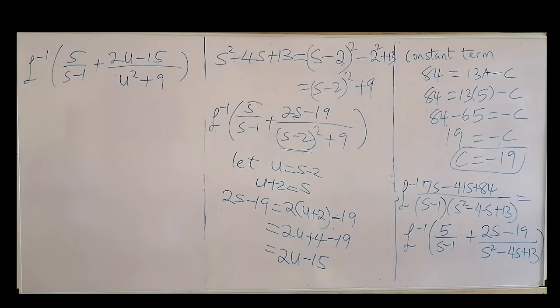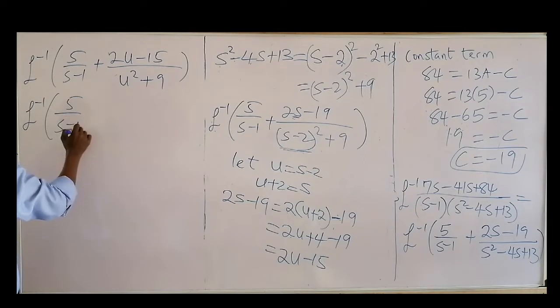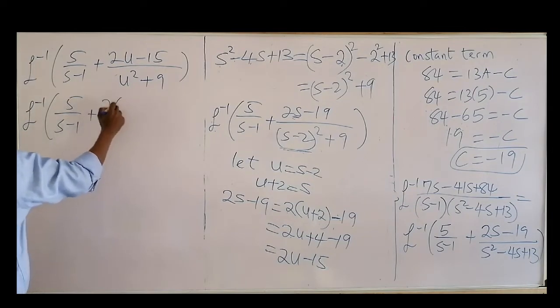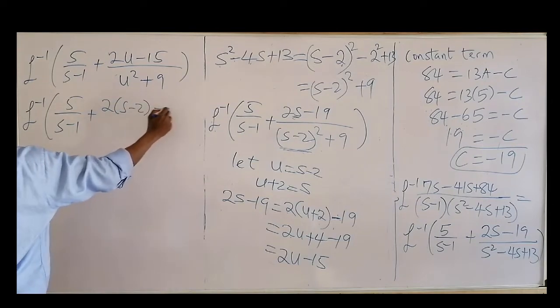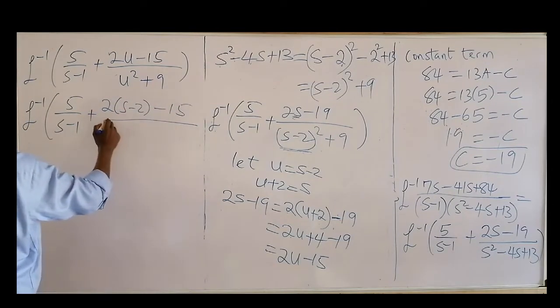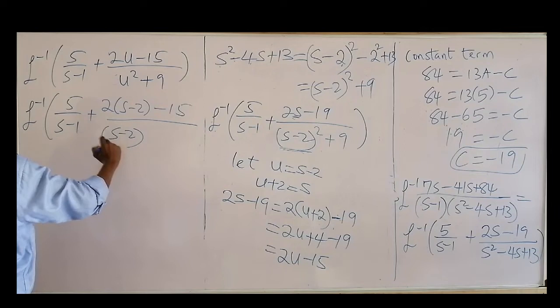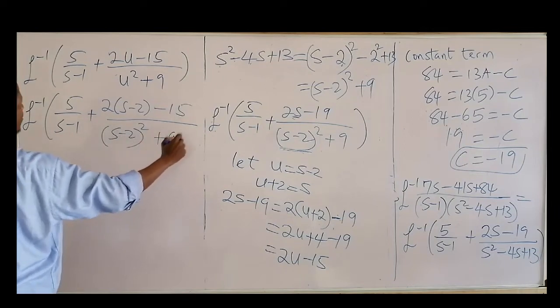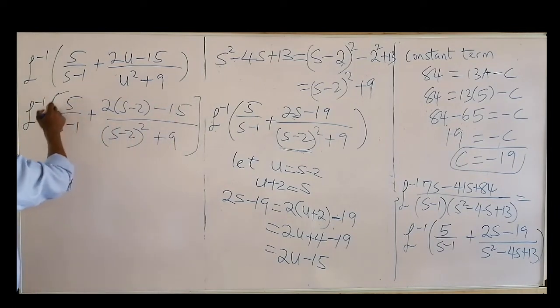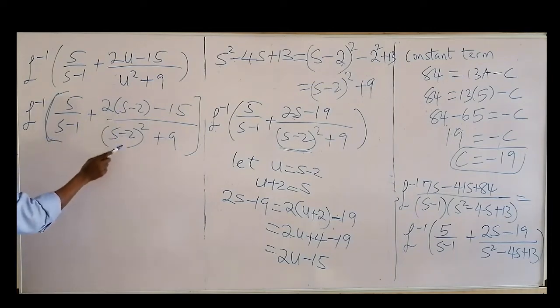Okay, so let's return the u back to the original expression, which will become the inverse of 5 over x minus 1 plus 2 into bracket (x minus 2) minus 15 all over (x minus 2) squared plus 9. So we return everything back to normal, and we've succeeded to make the expressions the same.